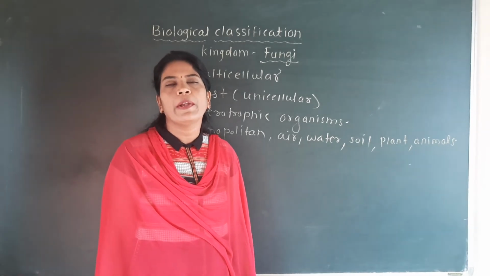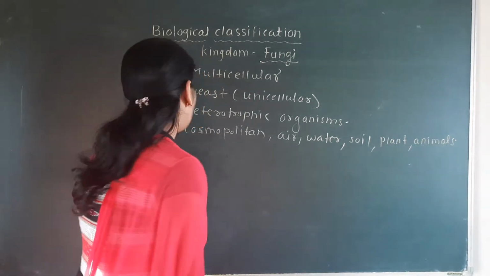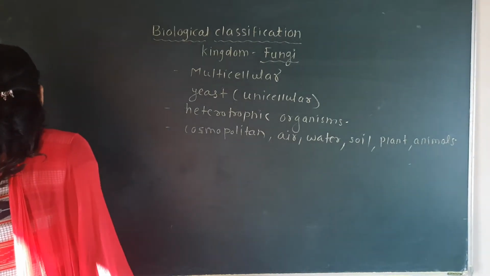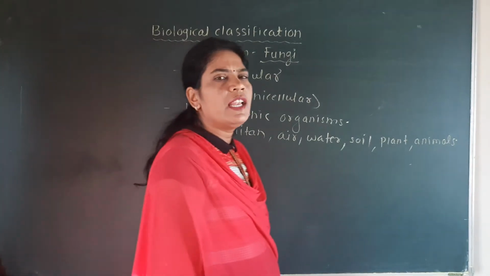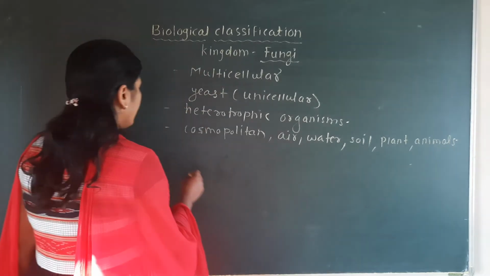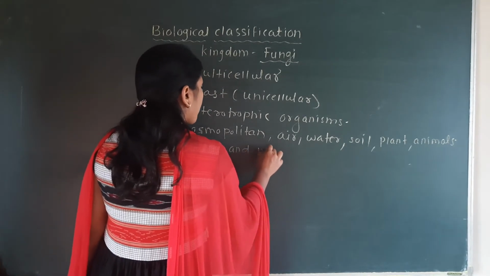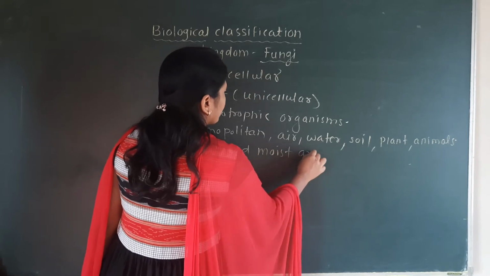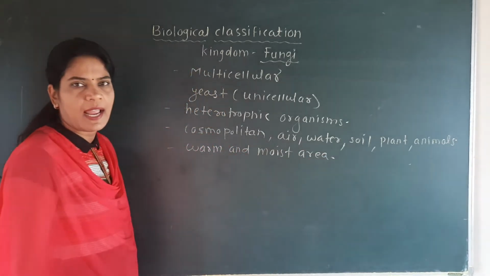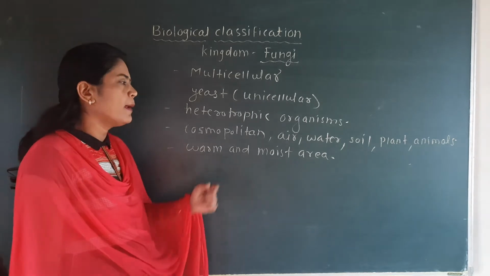The next important point about fungi is: in which area are they generally found? They are found in warm and moist areas. It is the best place for the growth of fungi. Which place? Warm and moist area.